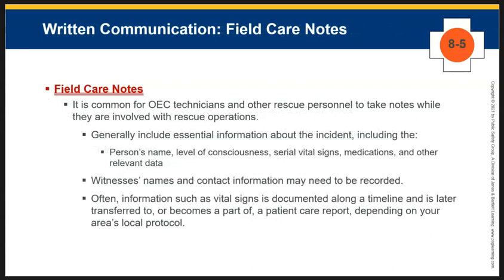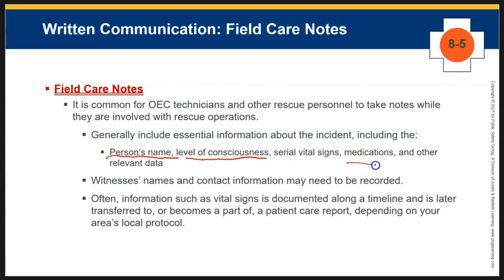So a field care note is that kind of on-the-fly, on-scene information that we have. Some field care notes may be done in just a simple notebook, or Write in the Rain actually makes an EMS-specific one, but we'll have key information about the incident, such as the person's name, what we find during primary assessment and their level of consciousness, say A&O times 4.